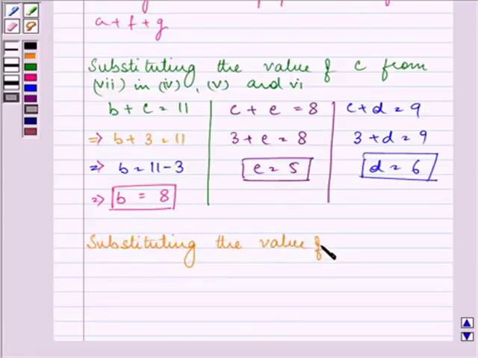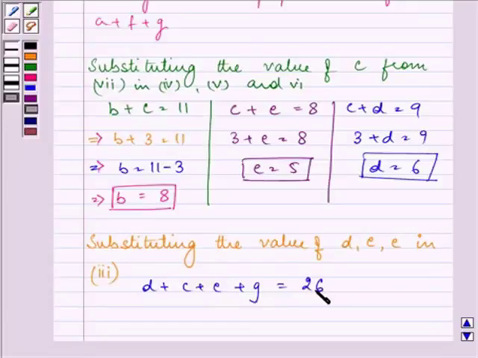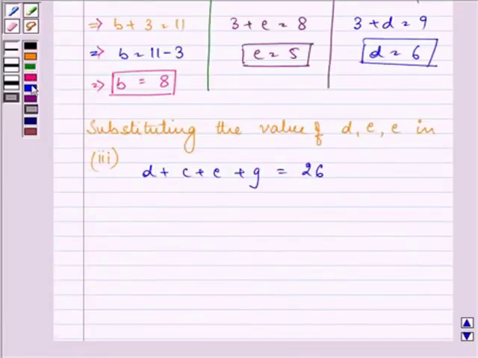Right. Now on substituting the values of D, C, E in the third equation, we have D plus C plus E plus G was 26. Now, let us substitute the value of D is 6, C is 3, E is 5, and we have the value of G coming as 12.